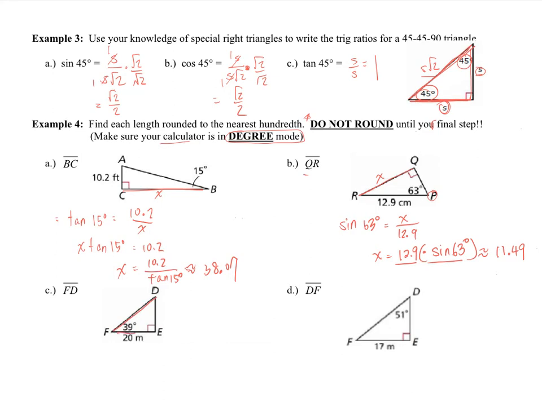And for FD here, we're given the length of an adjacent side, so cosine 39 degrees equals adjacent over hypotenuse, 20 over x. So x would equal 20 divided by cosine 39 degrees.